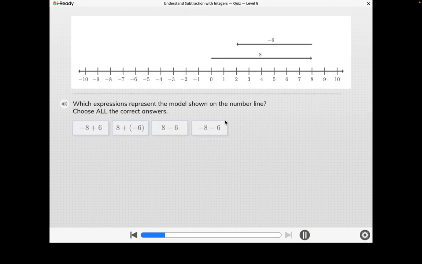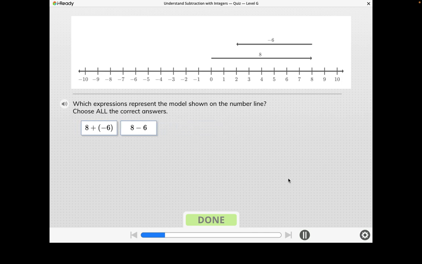Which expressions represent the model shown on the number line? Choose all of the correct answers. So there's multiple answers. Start at 8, so it's positive 8, so it's not this one. Minus 6, so 8 minus 6 and 8 plus negative 6.